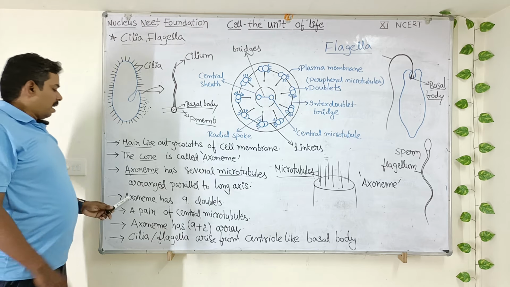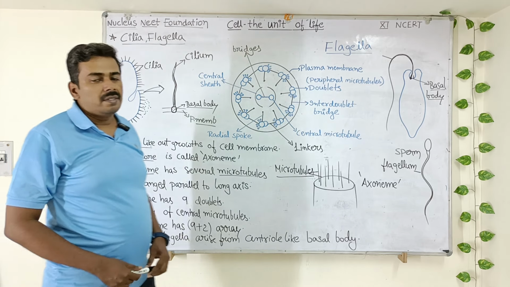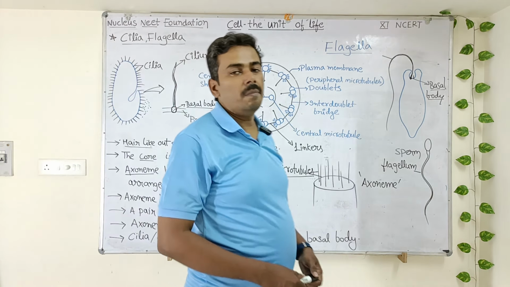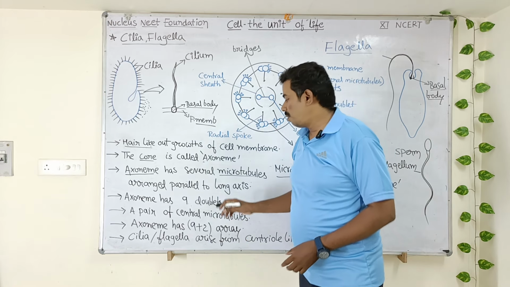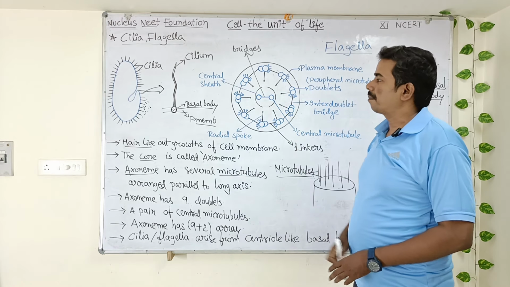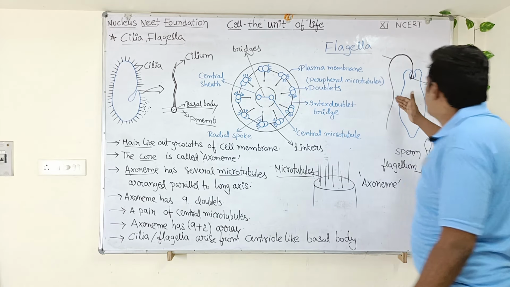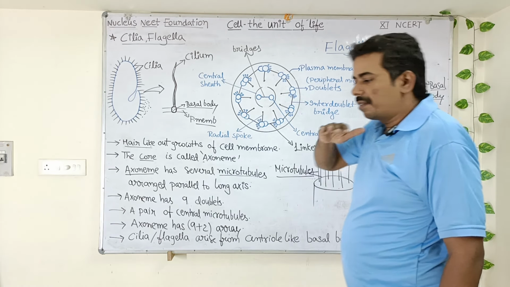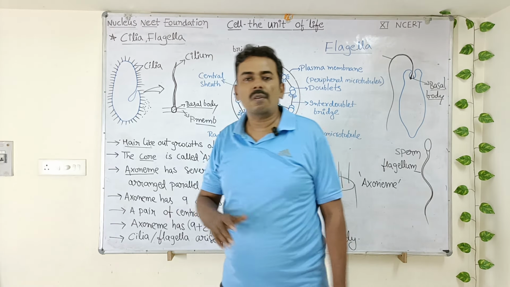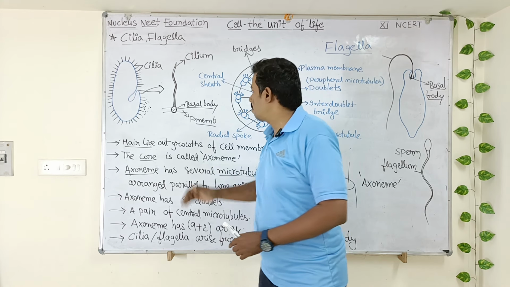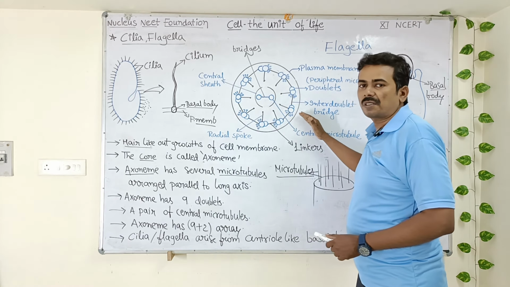Axoneme has 9 doublets. In order to understand what doublets are, you have to see this diagram. When we cut a section of cilium or flagellum and see it under the electron microscope, you can see this type of structure.